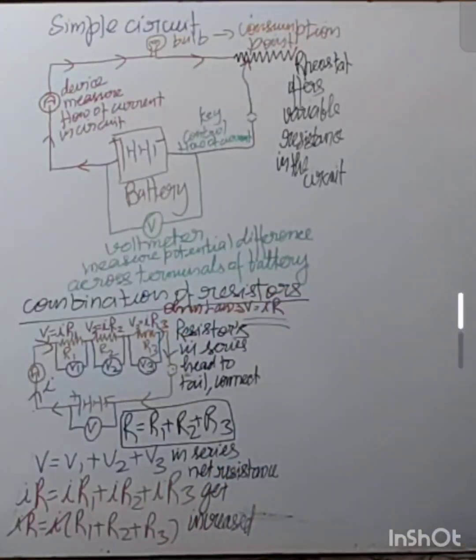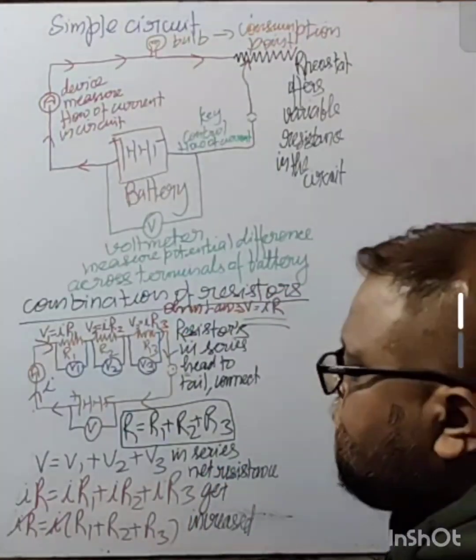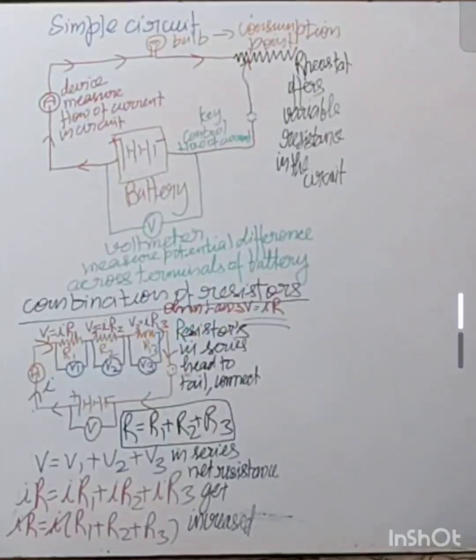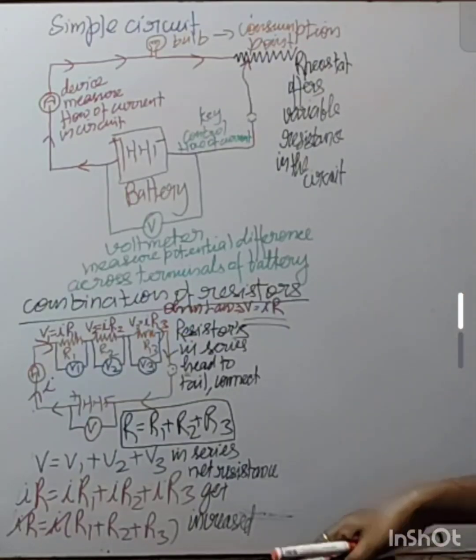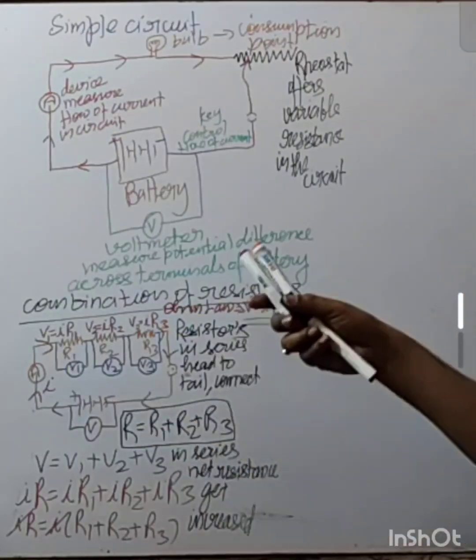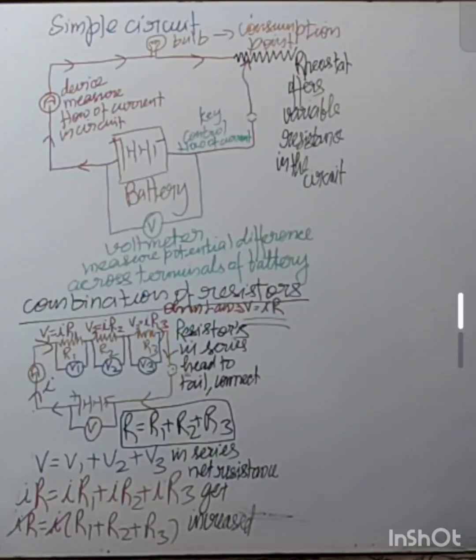Do you understand all this, what I told you here? When we are connecting in series, then the net resistance gets increased, right?